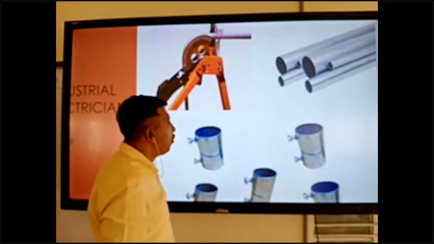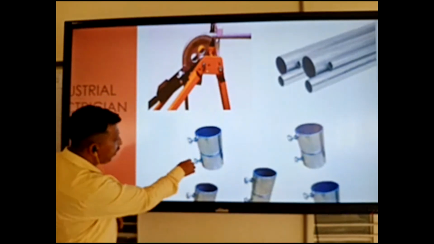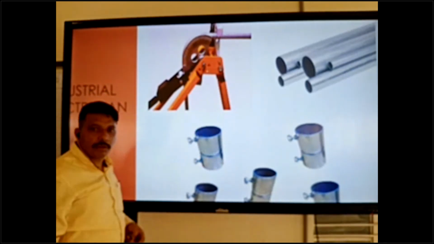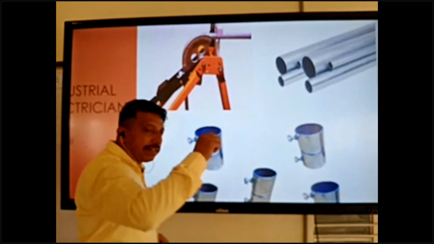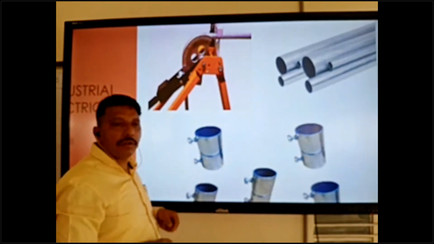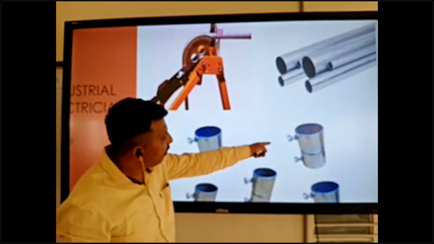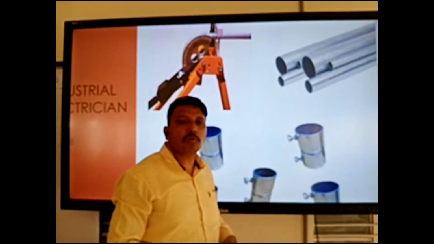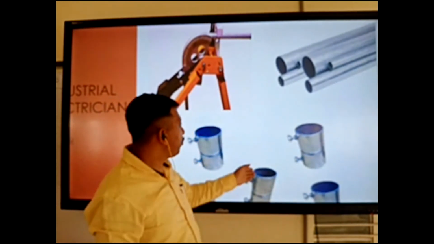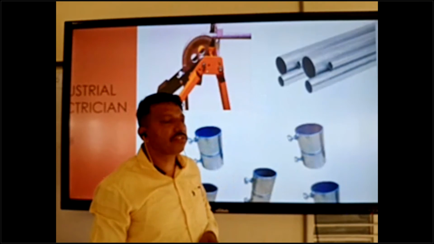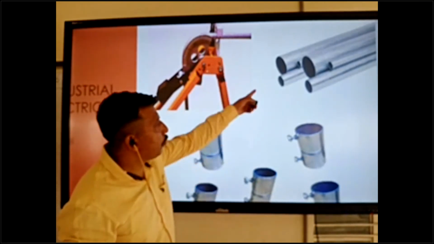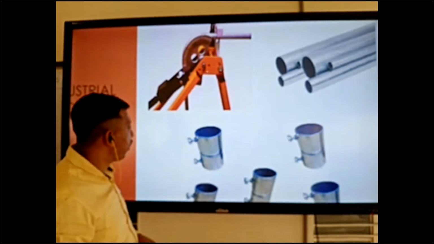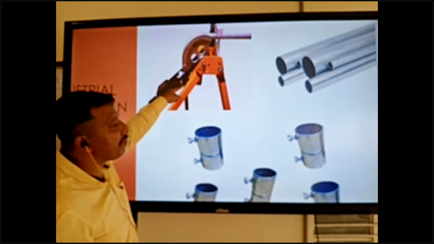So at joint time we can use a screw type coupler. We put the two pipes inside the coupler and tighten with the screw. You can see all these couplers have a screw. This is used for EMT conduit. For bending, we can use the same bender.